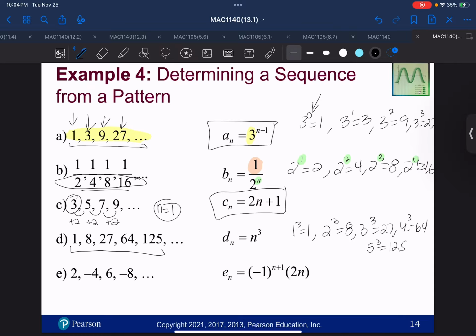So these are all perfect cubes, and the base of each one is going up by 1 each time, and the 3 is staying the same. So this can just be n cubed because we would be starting with 1 and then going up.